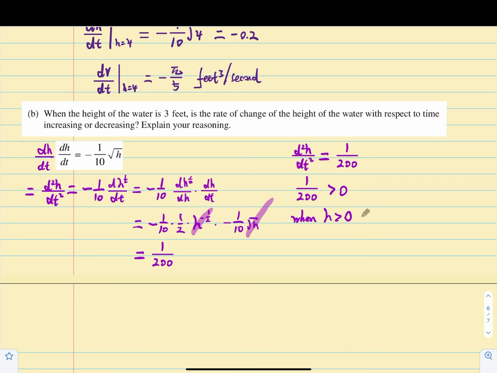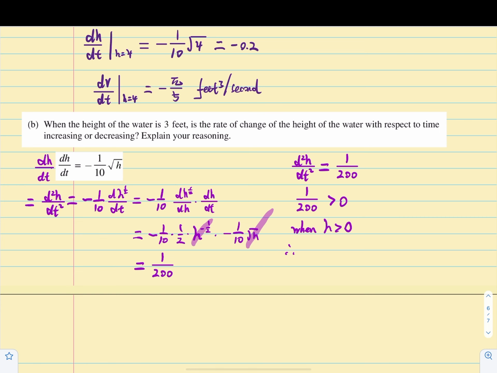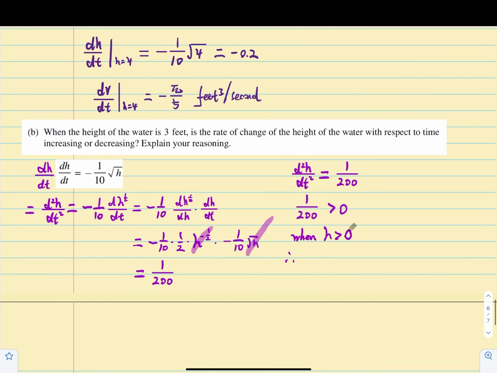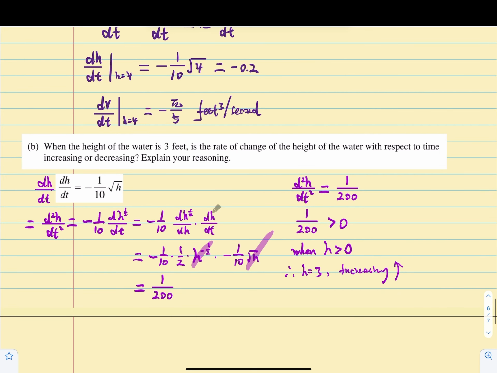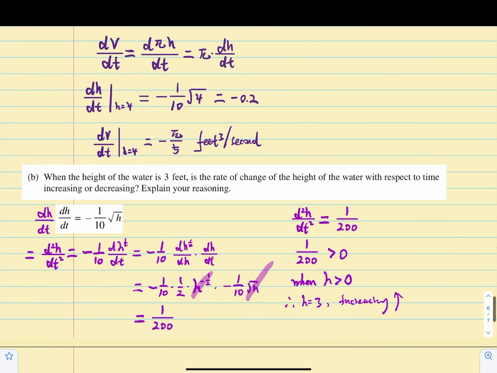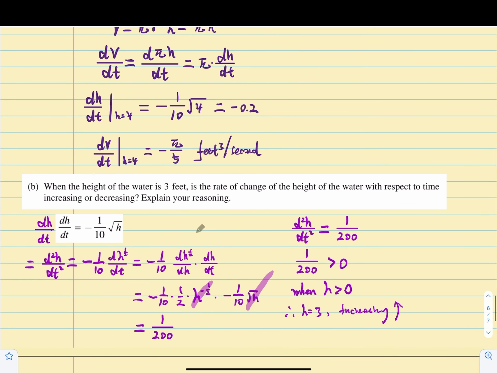So when h is equal to 3, the height of the water with respect to time is increasing. If that's a problem you will find in the real test, you need to write the full answer.